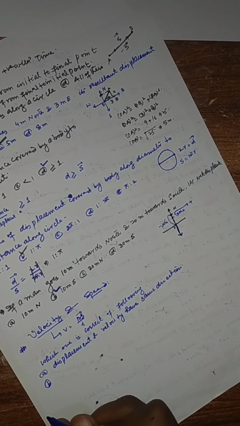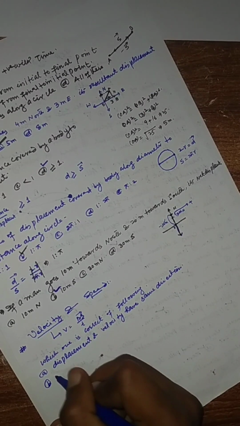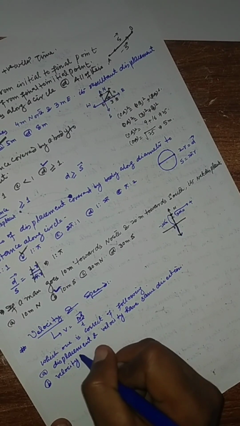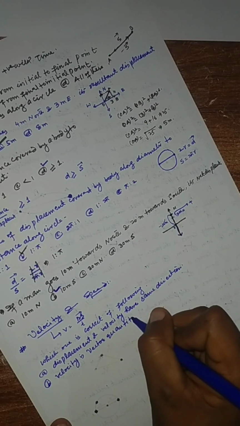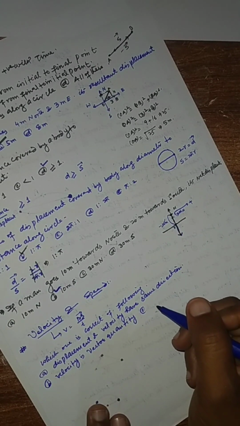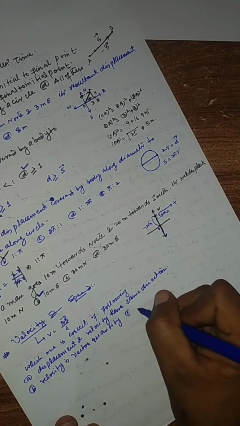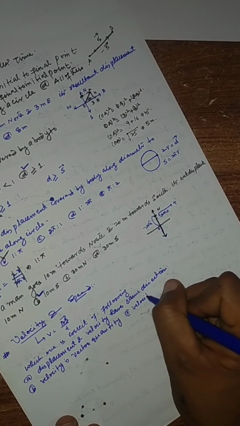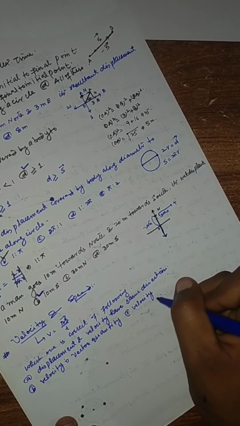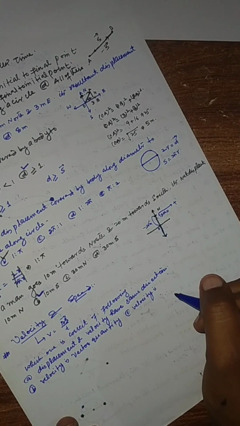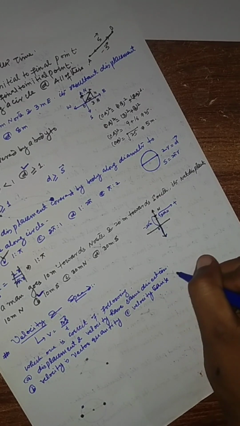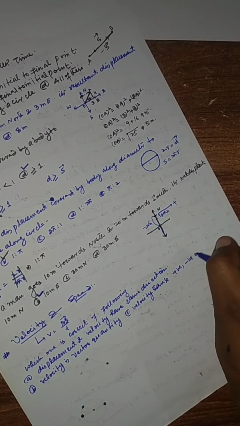Option B, velocity is a vector quantity, or velocity is... velocity can be positive, negative or zero.